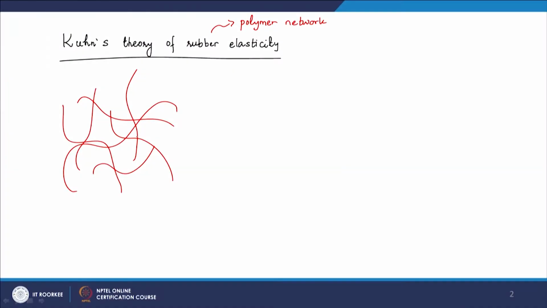So, if we take this kind of a network, then these junctions are what are known as cross links, and between every two of these cross links we will have a polymer strand, so to speak.